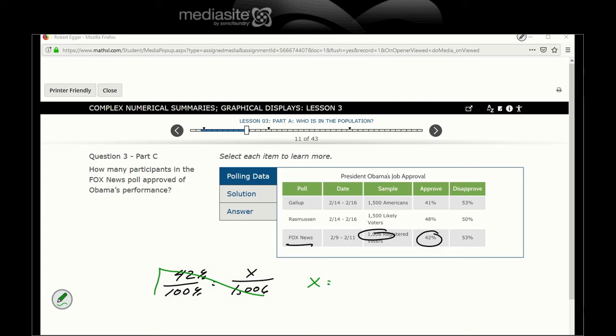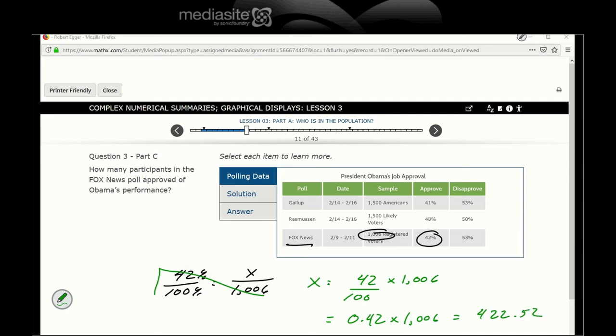So X would be 42 times 1,006 over 100, which is 0.42 times 1,006. And that gives us 422.52.